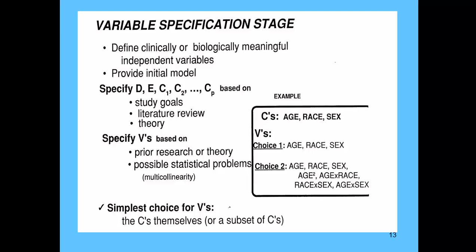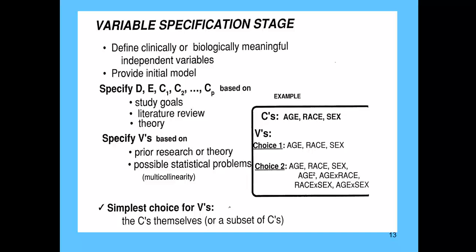I mean, one of the C's might be age, and that means you certainly want to consider age in your model as one of the variables. But why not add age squared? That's not a C. It's a function of C. It's a mathematical function related. So it's a V. It's not really a C. And the same thing goes with the W terms, the product terms.